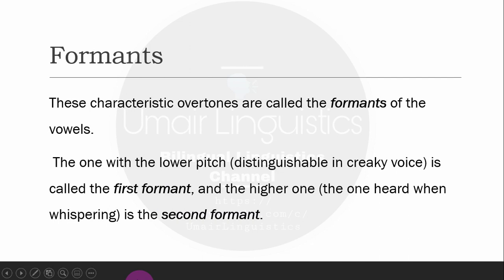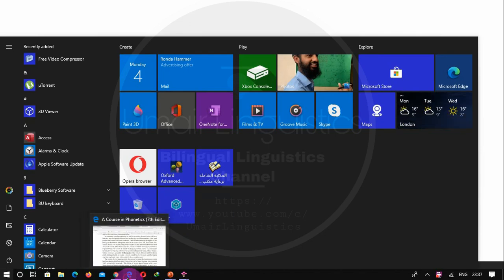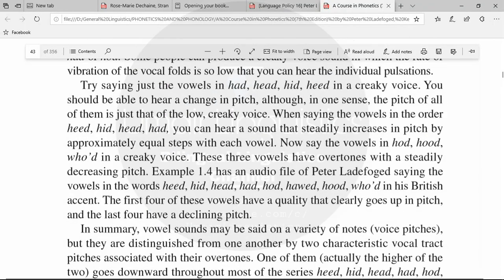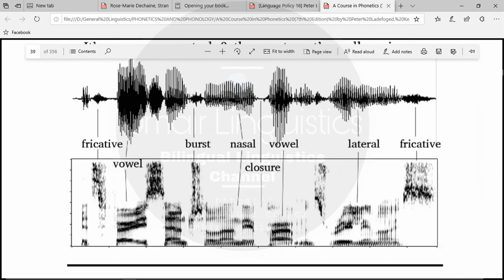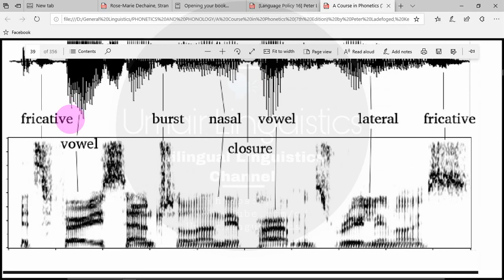Let me show you this from the spectrogram. Yes, so the lower note is associated with creaky voice, and the higher formant, the higher note, is associated with the whispered voice. So this is how we look at these formants.